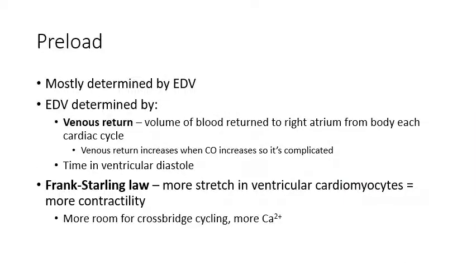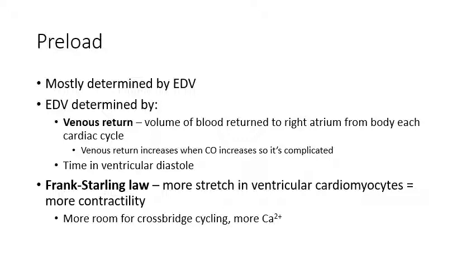So looking more at preload, that technically is mostly determined by the EDV, the end diastolic volume, which means the stretch in the walls of the ventricles caused by blood is determined by how much blood is in those ventricles just before they contract, and that is the EDV.